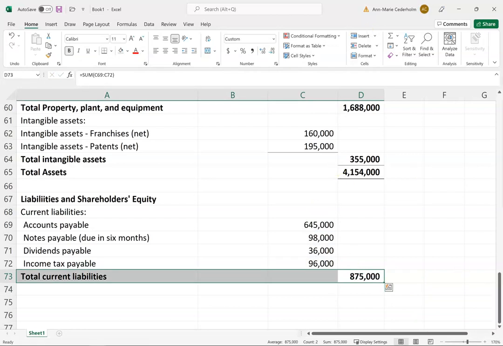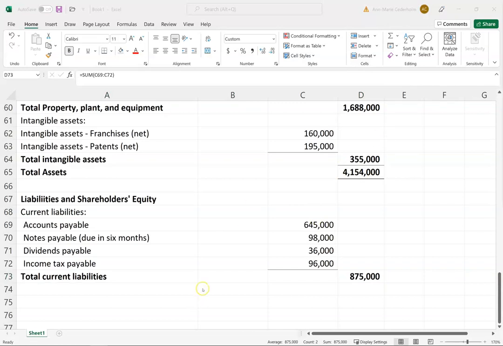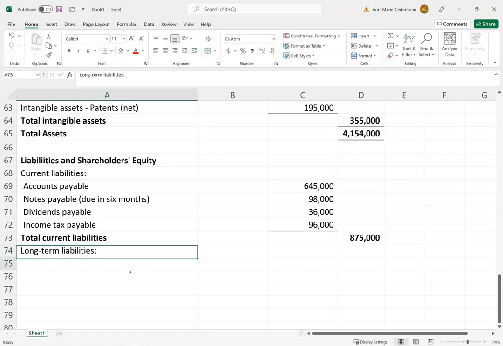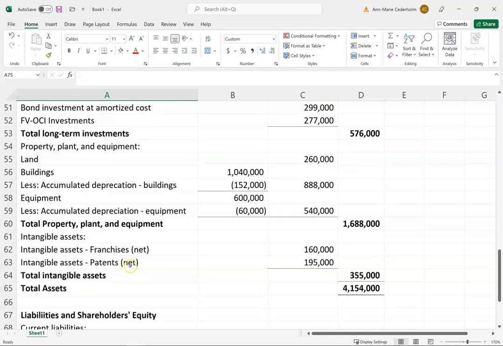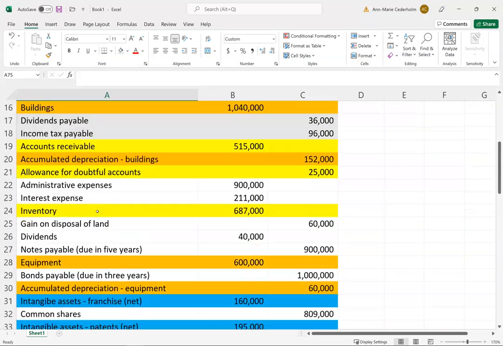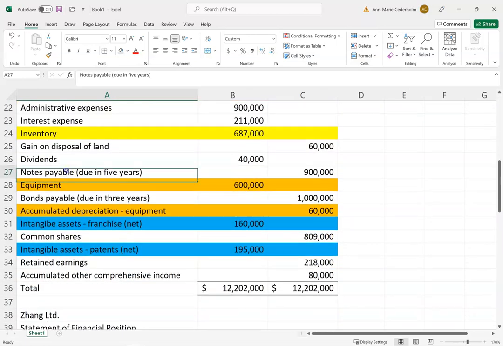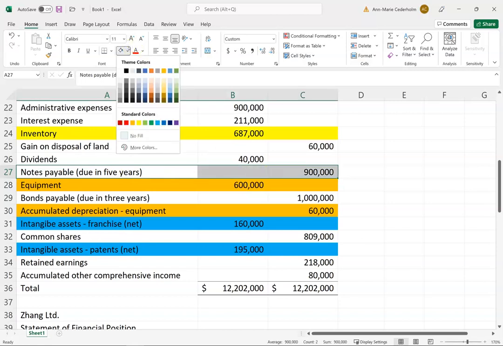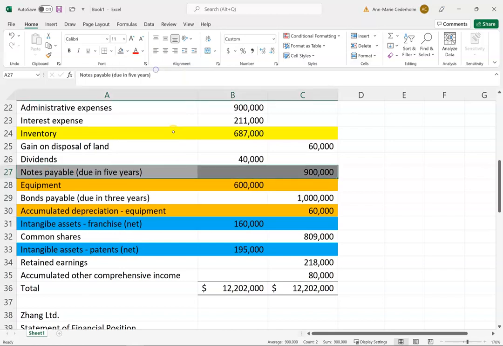And now I'm going to list my long-term liabilities. We just basically call them long-term liabilities. Okay, so the ones that I'm going to look at are just the remainder of the ones that are liabilities. So if I look, I can see this notes payable due in 5 years is long term, so I'll put that one down. Maybe I'll make this dark gray.